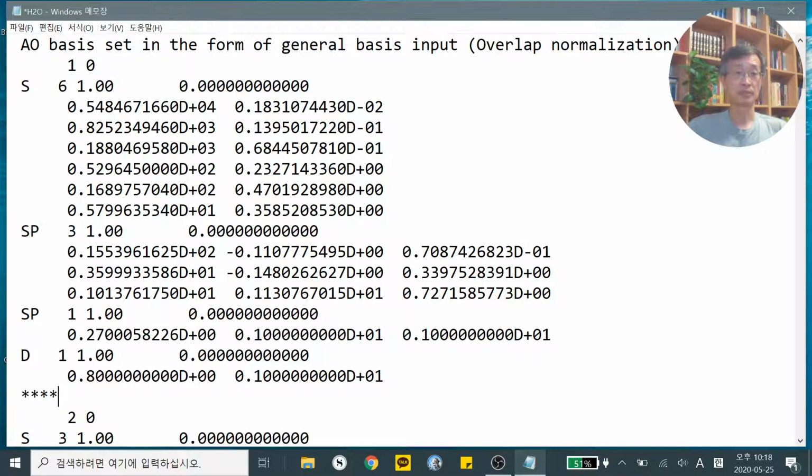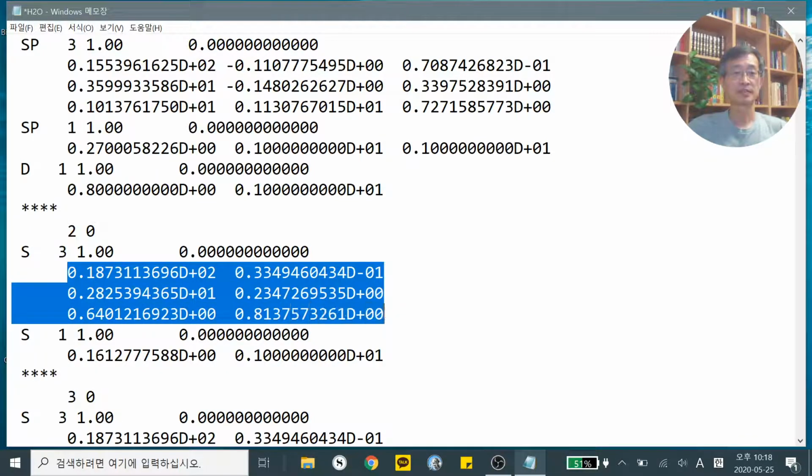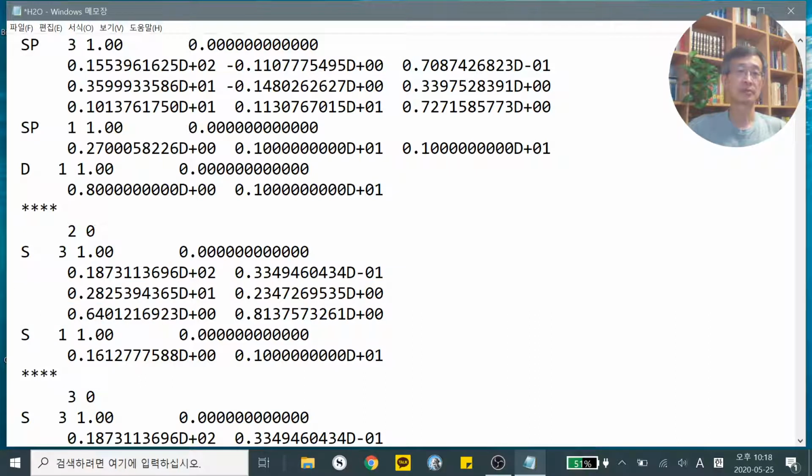Okay, so this is what it is for the oxygen atom, and for hydrogen, the first is already a valence electron, so there is no core. So it uses only 3 primitive Gaussians for the contracted one, and the 1 electron is also a valence electron.